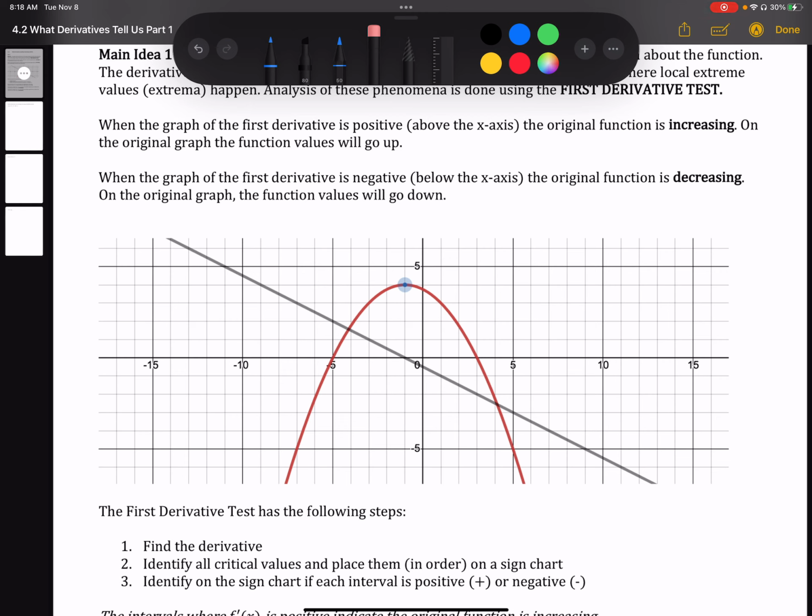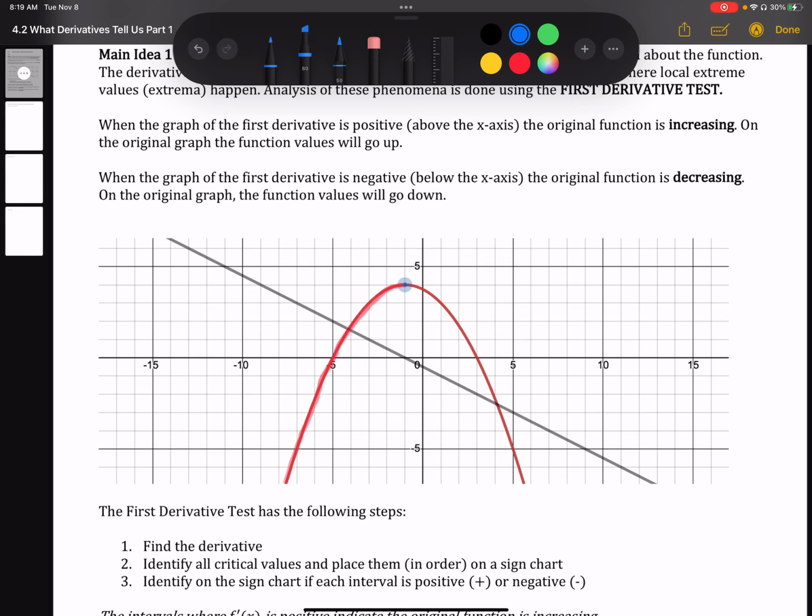So when we look at this, we have this graph. The red graph is a parabola, and the gray graph, the line, is its derivative. And if we're looking at the gray graph, where the gray graph is above the x-axis, which is from -1 to infinity, we notice that if we trace from left to right, our function is going up where the gray graph is positive.